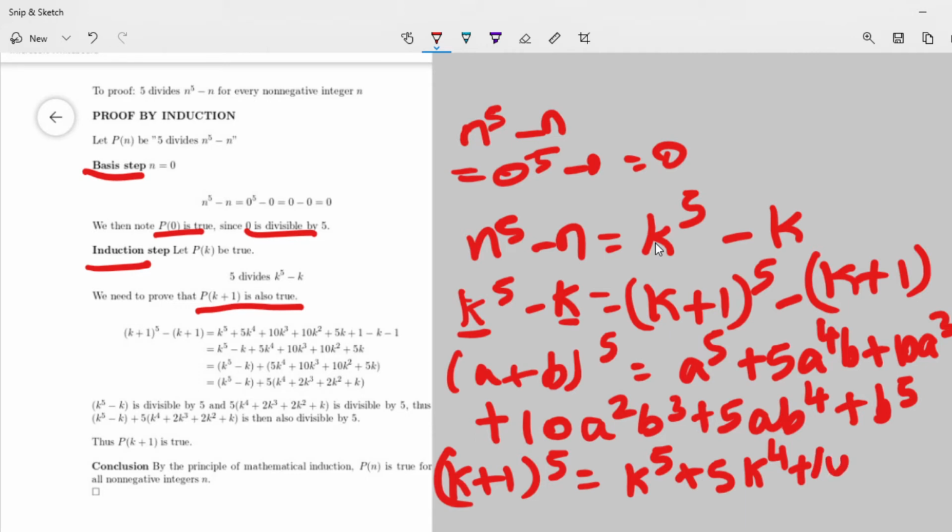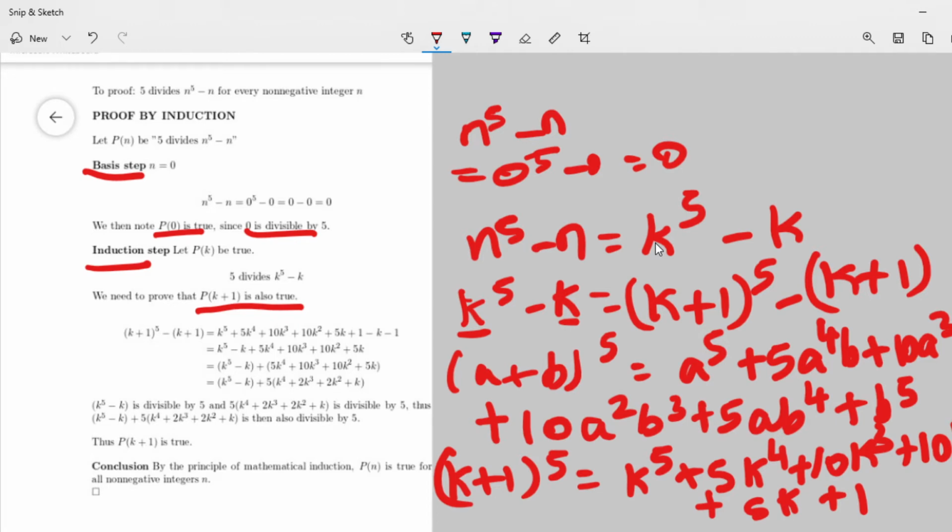Then 10, a cube means k cube, then b square means it is 1 only. Next 10k square plus 5k plus 1. Okay, it is the value of (k+1) the whole power 5.